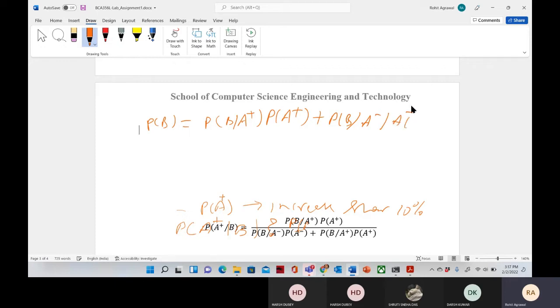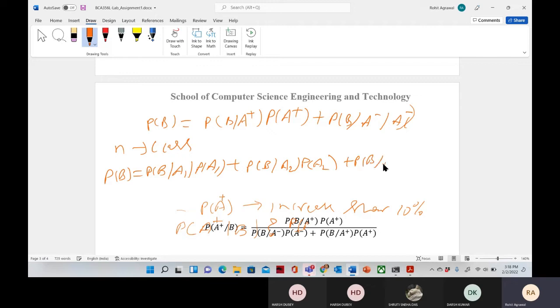Not exactly this one. If you have n classes of data, then probability of B will be this: P of B given A1 into P of A1, plus P of B given A2 into P of A2, plus P of B given A3 into P of A3, up to P of B given AN into P of AN.